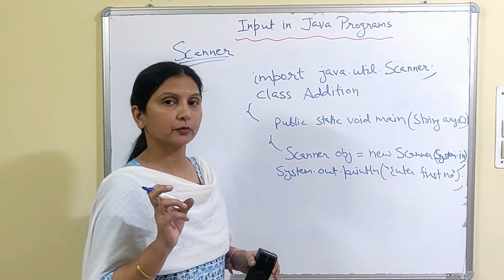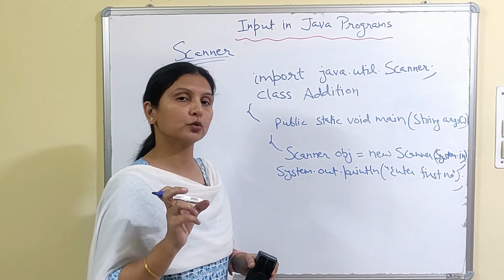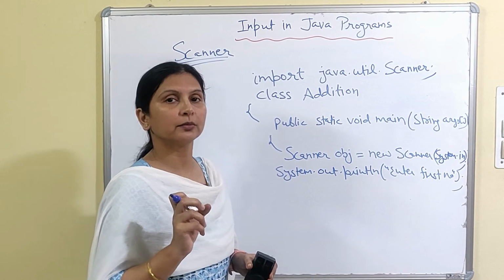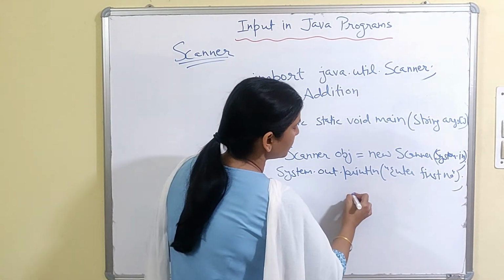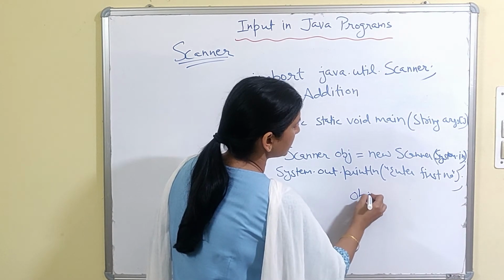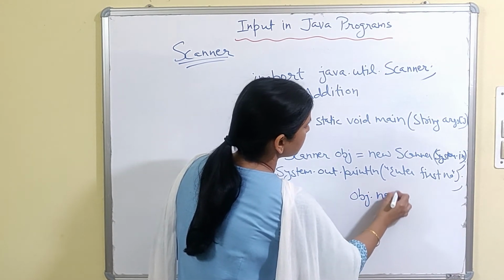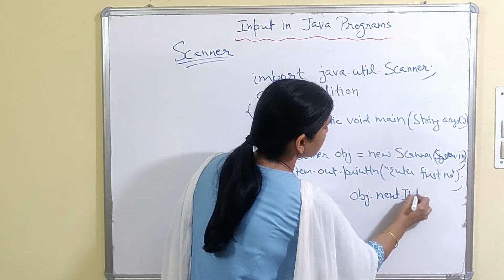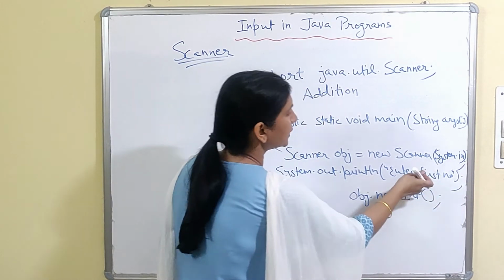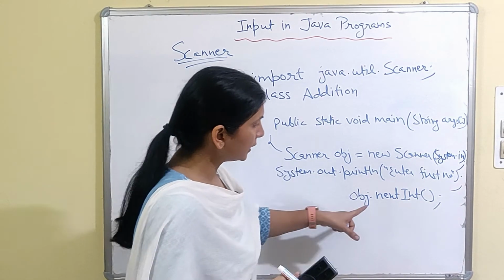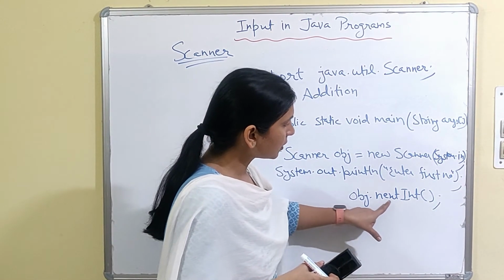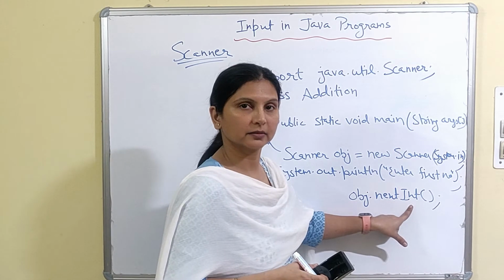We have just discussed a few functions. 20 is an integer, so which function will we use? obj.nextInt, because this is an integer, 10, 20. You will enter any number, so how will you read it? obj.nextInt.